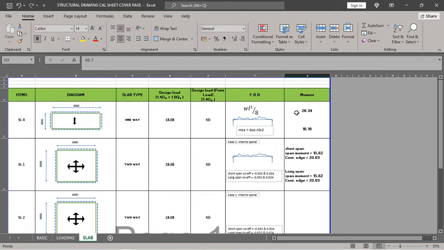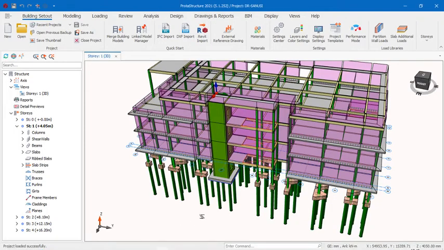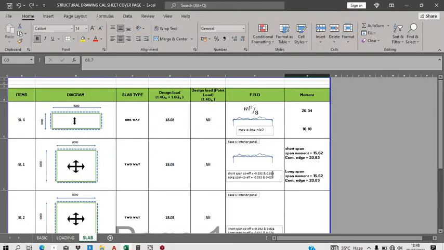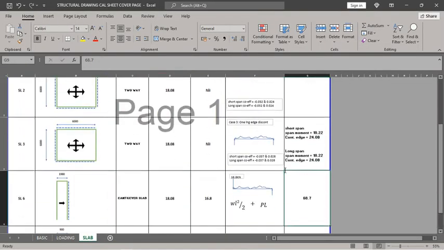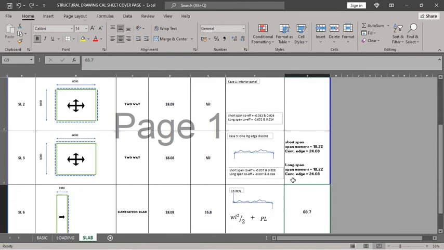And I hope from here on, when you have the moment, you can use that to calculate the area of reinforcement that will be used for detailing. So I hope it's clear and it makes sense to someone out there. These are the moments gotten. We'll use these in comparing with what the software gives us.